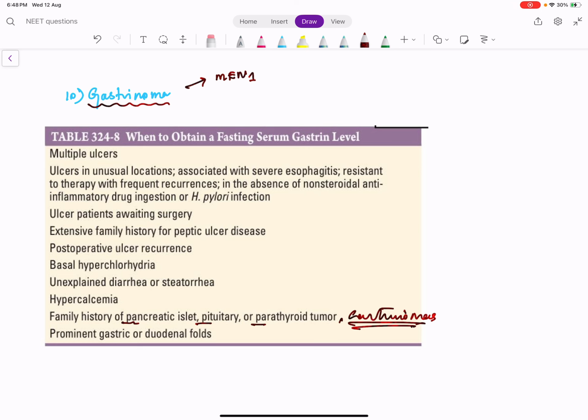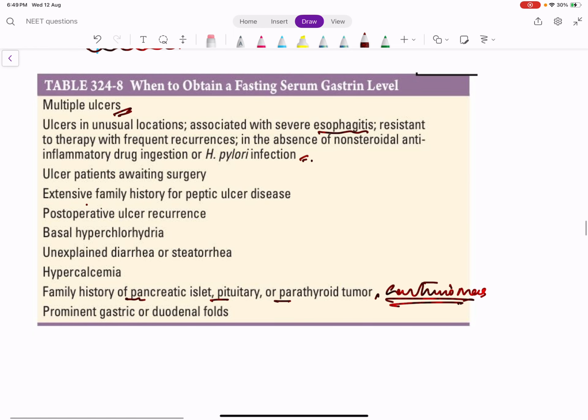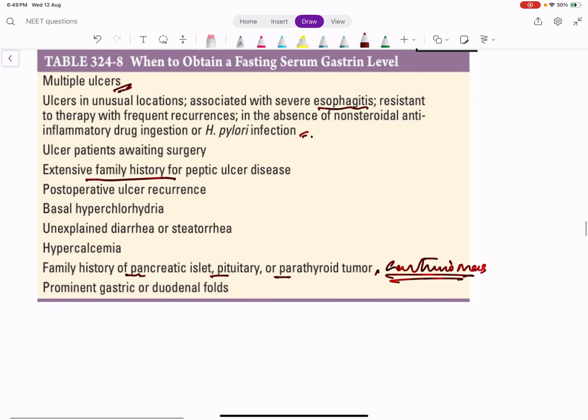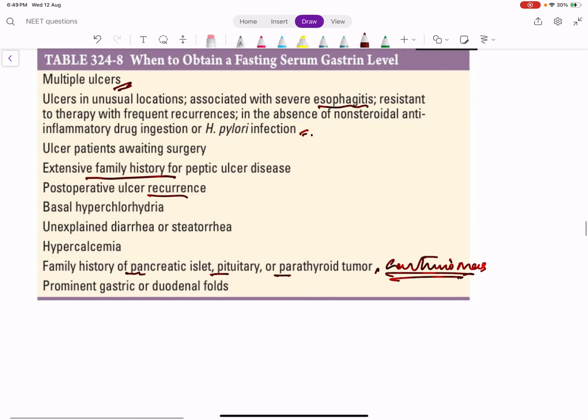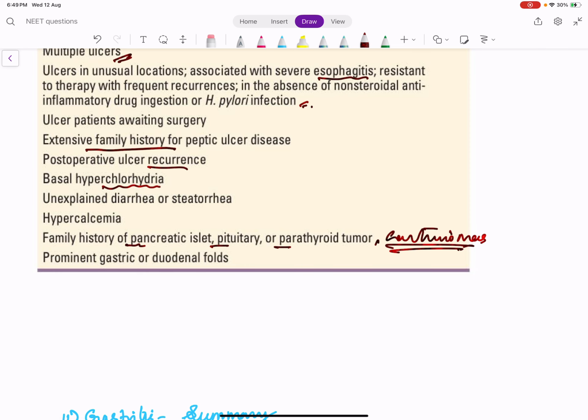So how can you suspect gastrinomas? There is refractory gastritis. There are multiple ulcers in unusual locations, for example esophageal ulcers plus duodenal ulcers plus gastric ulcers, right? There is a family history, recurrence of ulcers, and basal hyperchlorhydria, that is, HCl secretion is high even without stimulation.